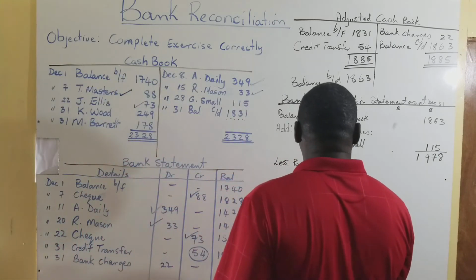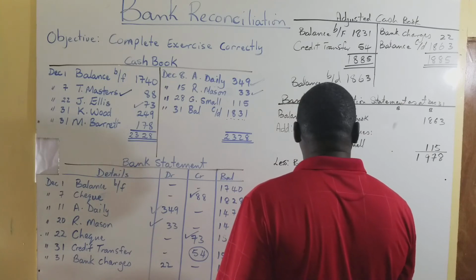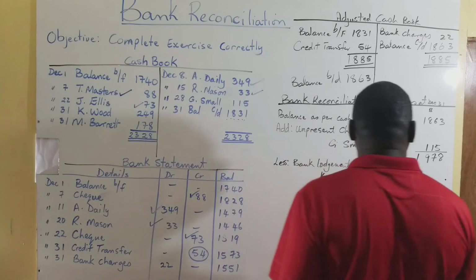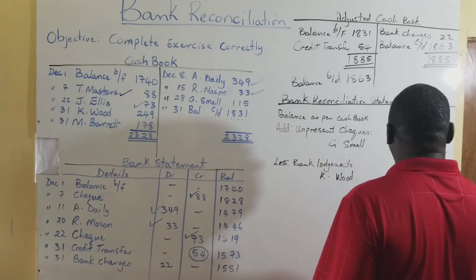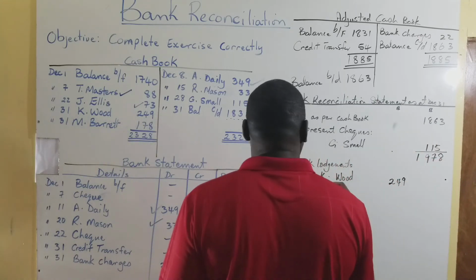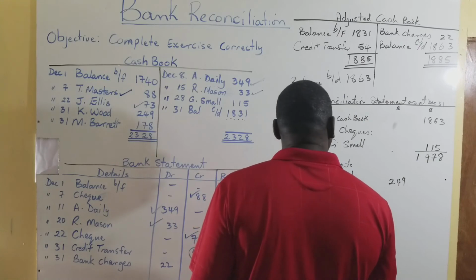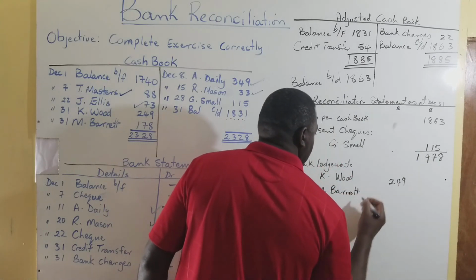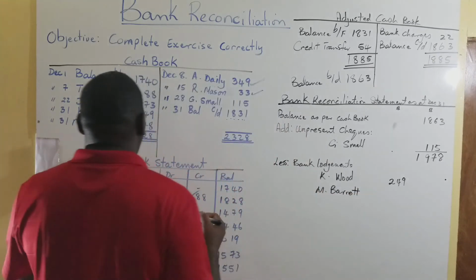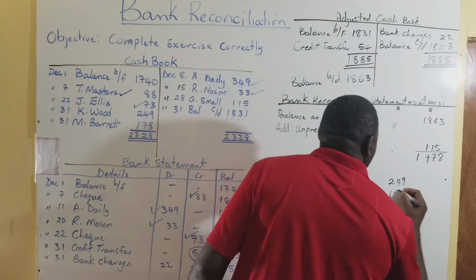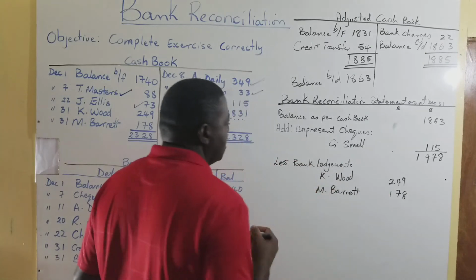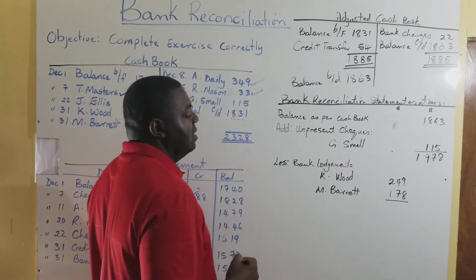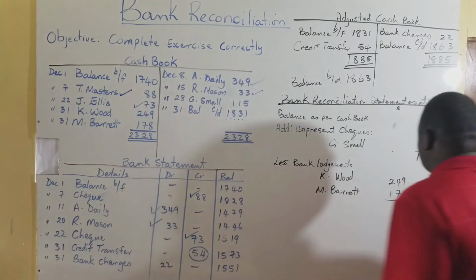One is K Wood, and it would be 249. The other is M Barrett, and the figure is 178. So we're going to do an addition of these figures, and we're going to put it here.